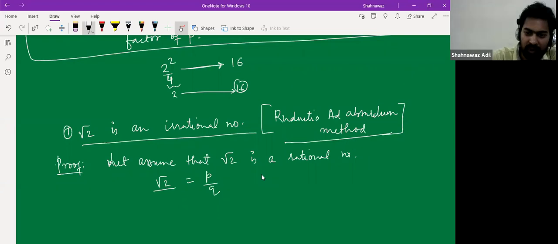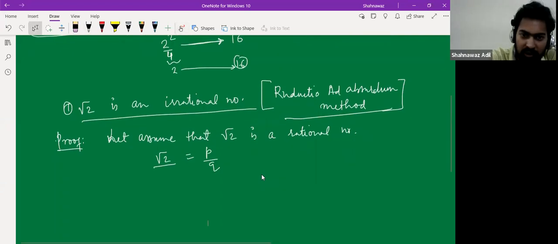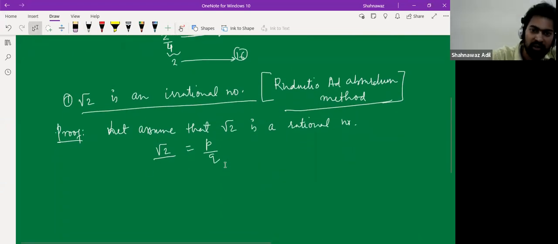Now let's put q here, so this will be root 2 q equals p.